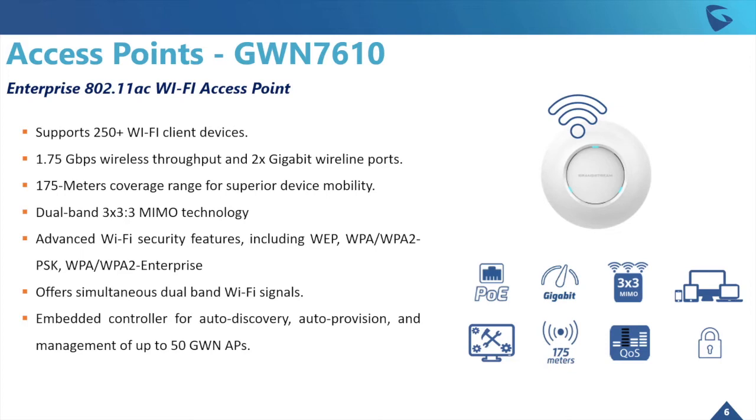And GWN 7610 has an embedded controller for auto discovery, auto provision, and management of up to 50 GWN access points. The 50 GWN access points can be of any model from the GWN series. Other specifications of this model: you can create up to 16 SSIDs, and it has 2 gigabit wireline ports, and one of them supports PoE and PoE+.